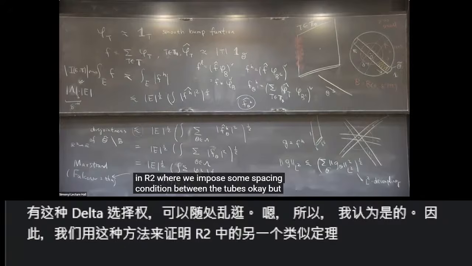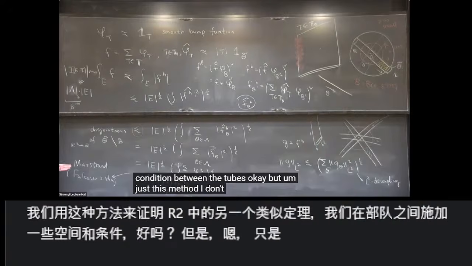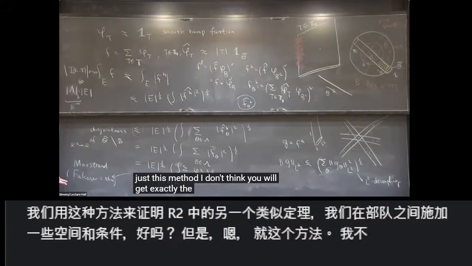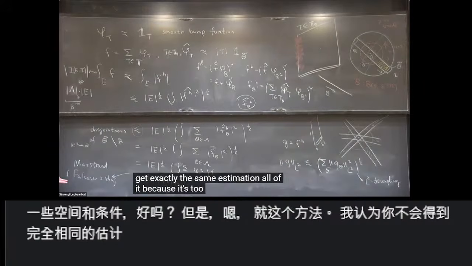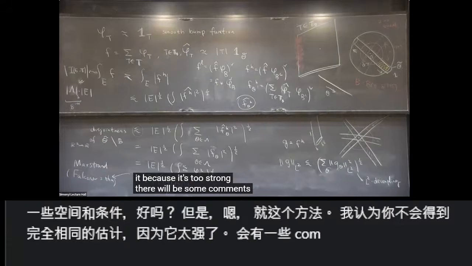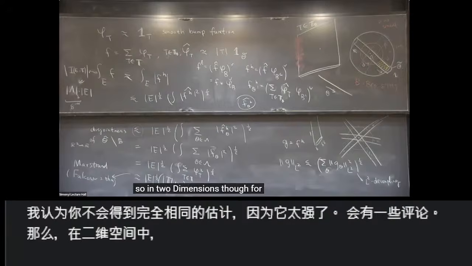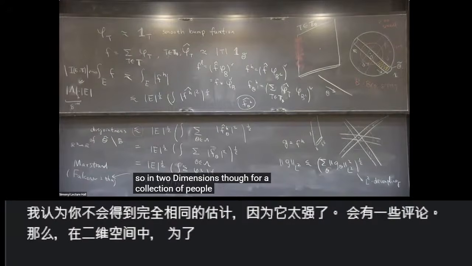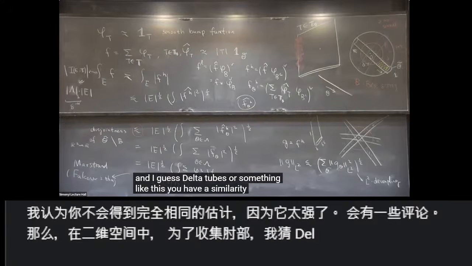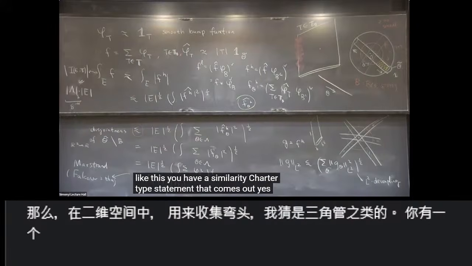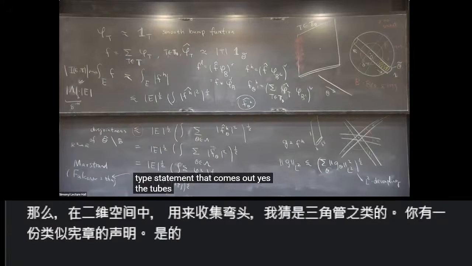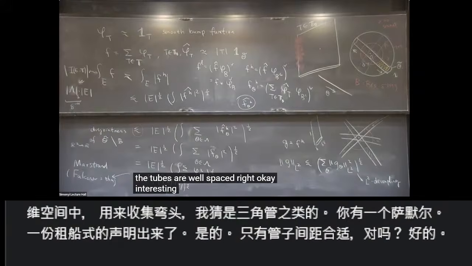But just this method, I don't think you will get exactly Szemerédi–Trotter, because it's too strong, and there will be some counterexample to it. So in two dimensions, for a collection of delta balls and delta tubes, you have a Szemerédi–Trotter type statement? Yes, but you can only show it if the tubes are well spaced. Okay. Interesting. Thanks.